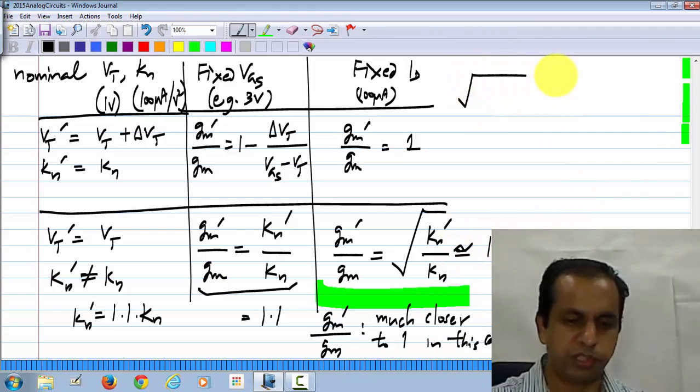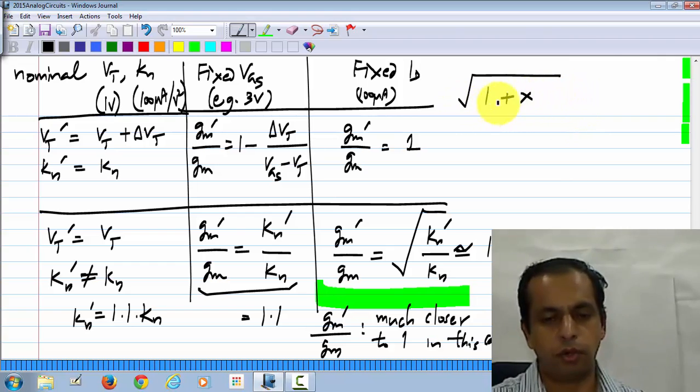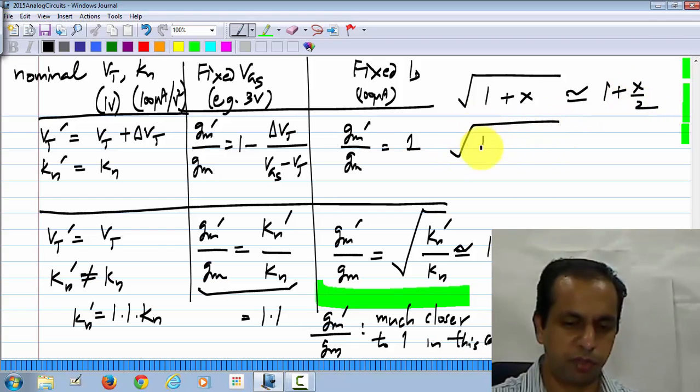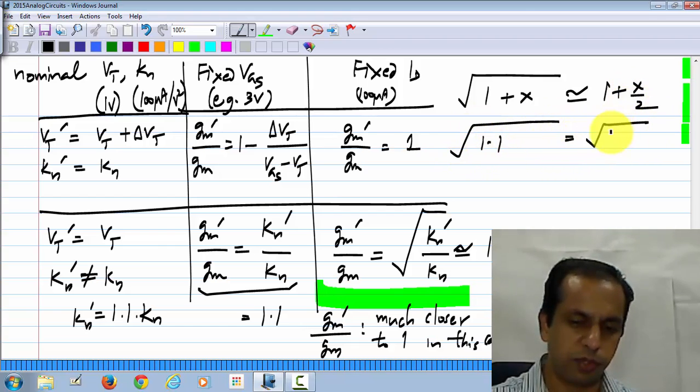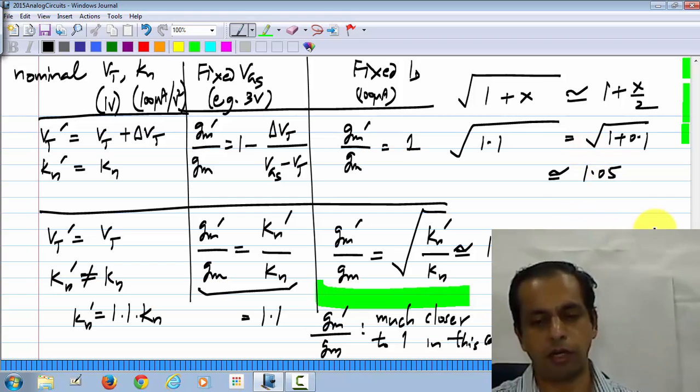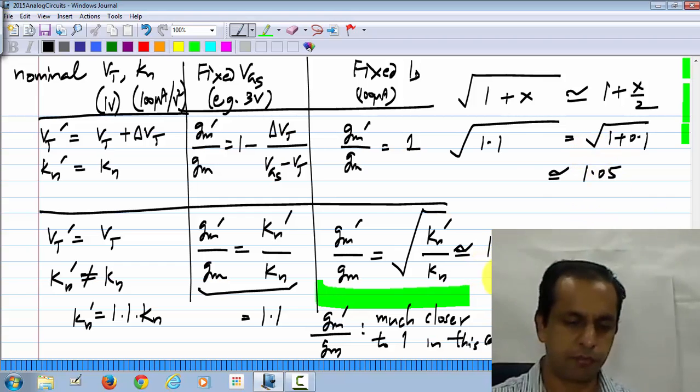I assume you know this relationship. For very small values of x, square root of 1 plus x is approximately 1 plus x by 2. So, square root of 1.1, which is square root of 1 plus 0.1, is 1.05 approximately. Otherwise, you can calculate it using a calculator and see, it will come out to be close to this.